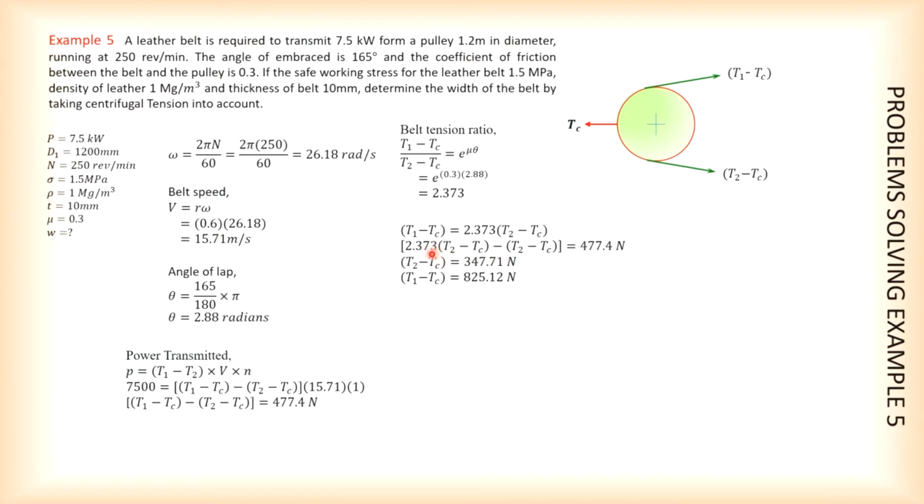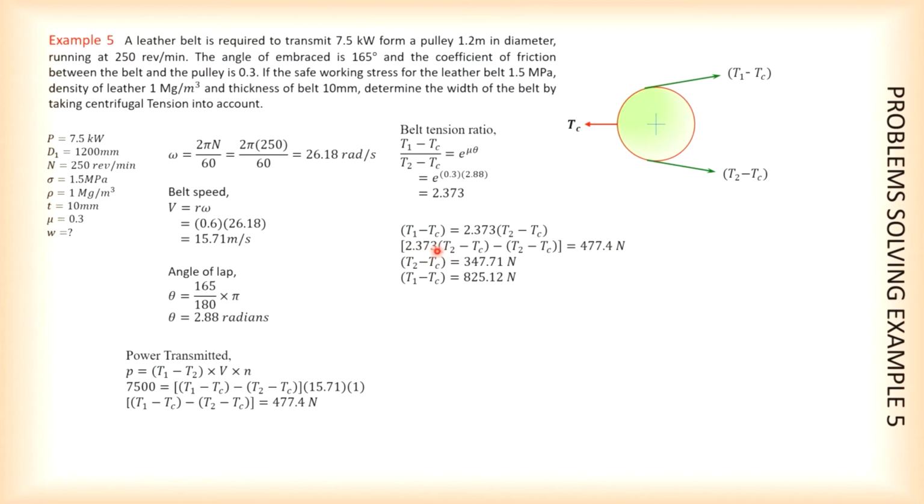So from this minus this, you will get 1.373 (T2 minus TC). Okay, so then when you divide 477.4 with 1.373, because why is it 1.373?